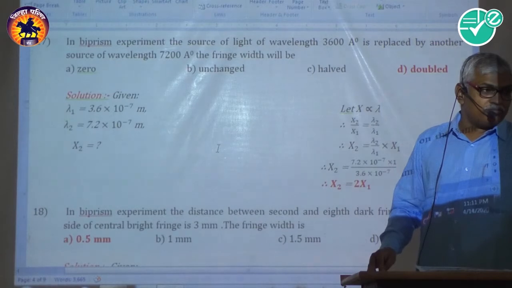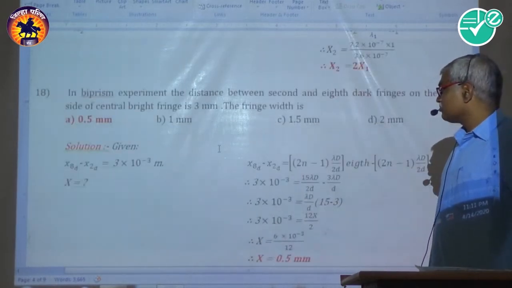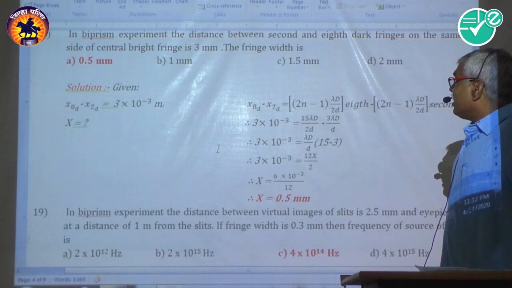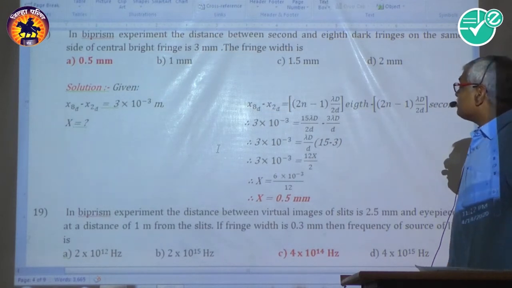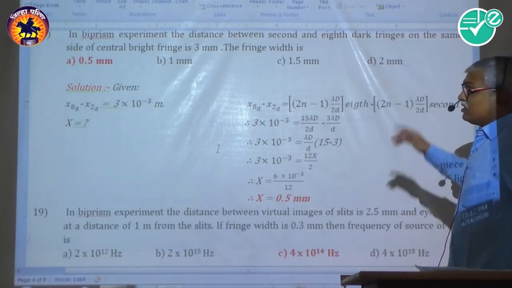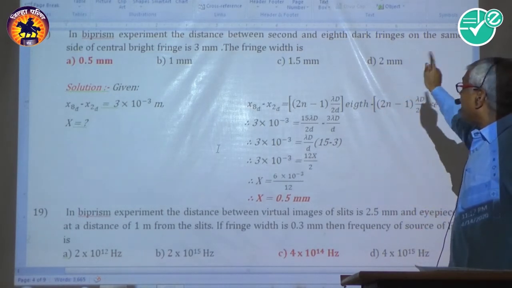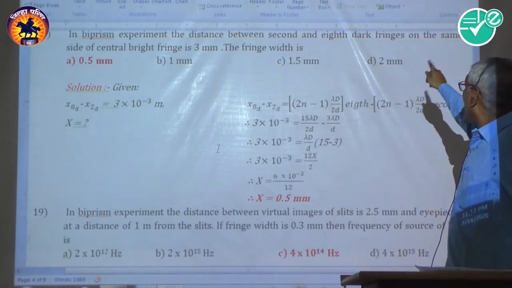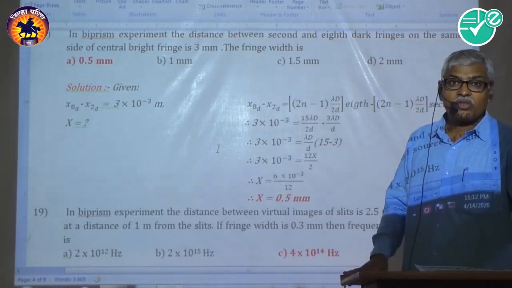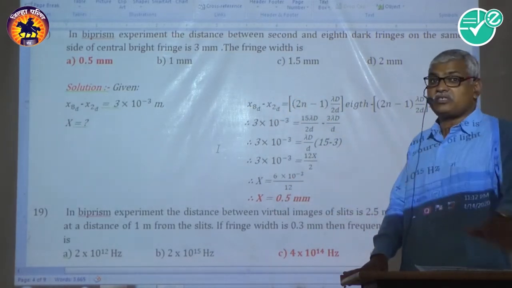Question number 18. In biprism experiment, the distance between second and eighth dark fringes on the same side of the central bright fringe. This type of question was previously discussed.